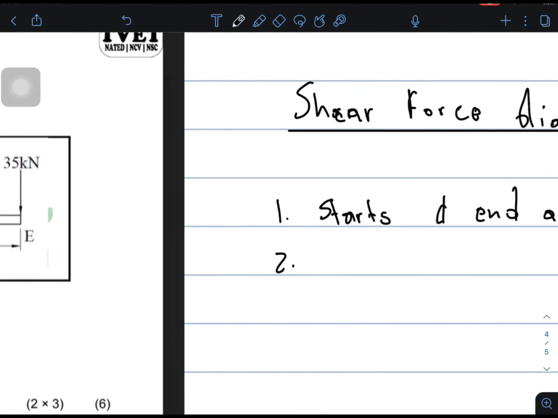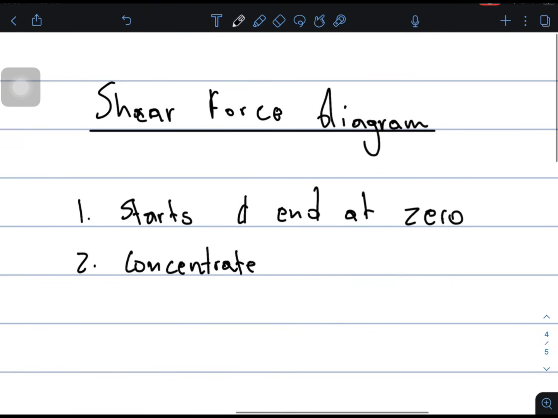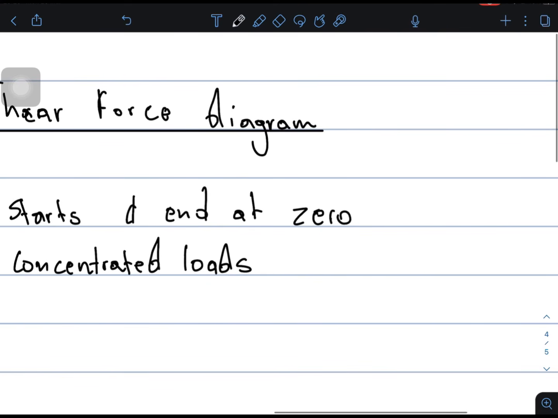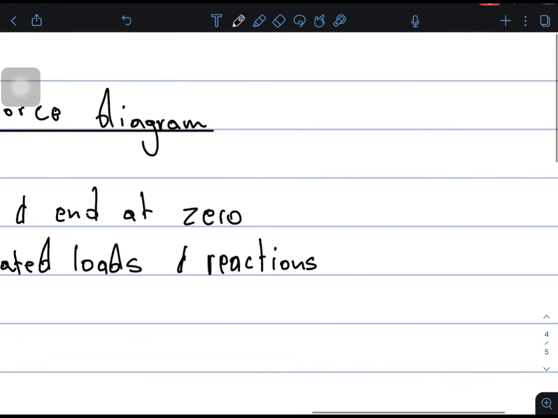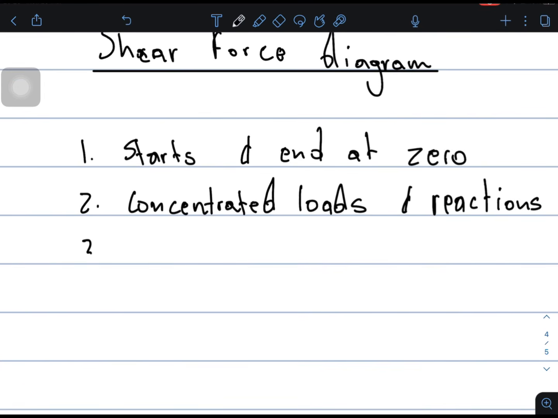Then number two, concentrated loads of force and reaction forces, which must be at supports, in this case B and D, we use vertical lines.